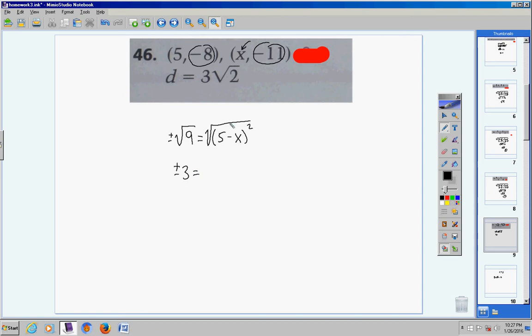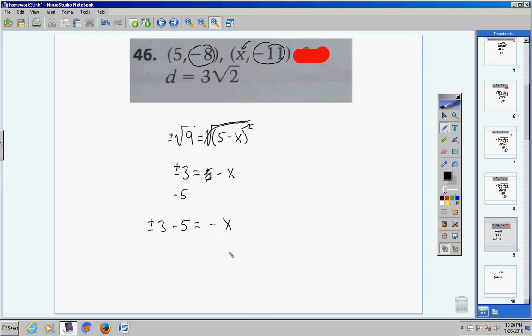The square root of this expression, well, the square root cancels out the square, leaving you with 5 minus x. Now, bring the 5 over. We're solving for x. Bring the 5 over and make it negative. So now we have plus minus 3 minus 5 equals negative x.